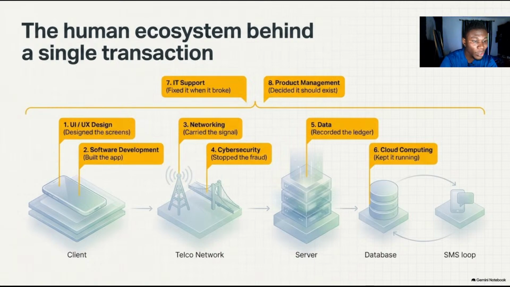Sometimes it is sitting on the cloud, so that you can get it every time. Then you have IT support. They fix things when things spoil. They make sure that you are okay. Then you have product management, and they decide that this feature should exist, this feature shouldn't exist. I hope you get it.